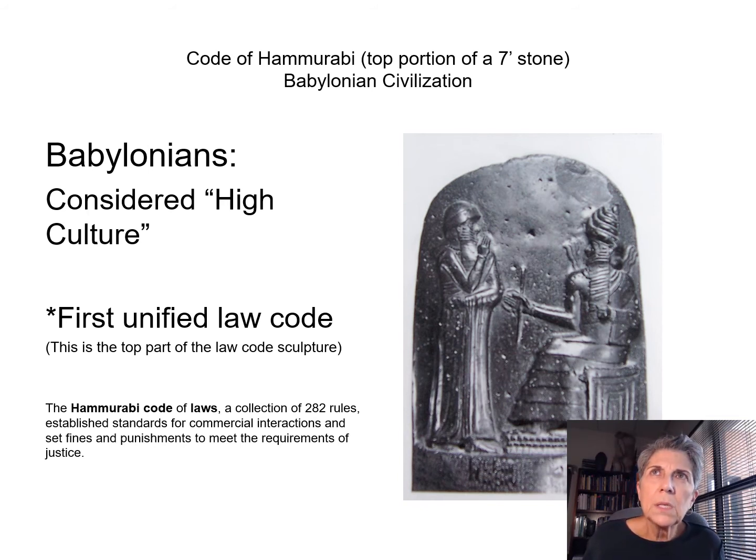High culture is the epitome of what that culture accomplishes, and the Babylonians are the high culture of this region. Because of, like, the Gardens of Babylon, and of course Alexander the Great, the Roman, will conquer the Babylonians.